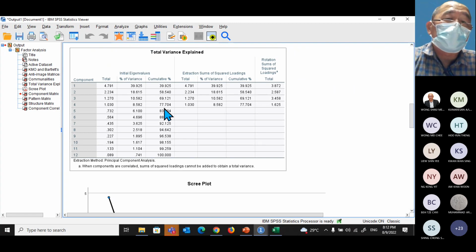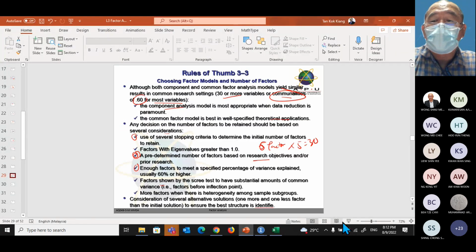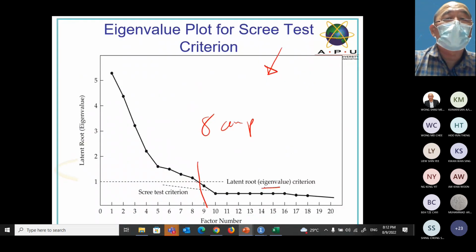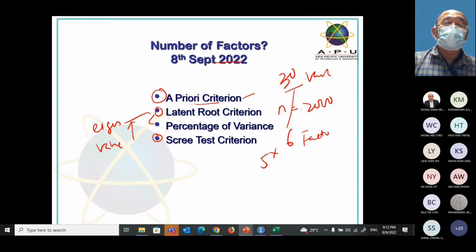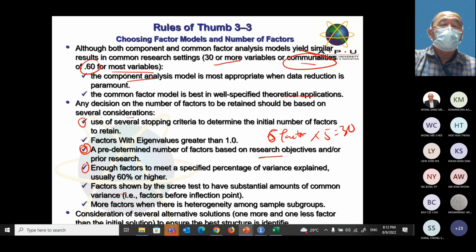This is considered quite good because the guidelines say minimum 60%. Can you see 60%? Actually also discussed a bit just now. Percentage of variance. So 77% is considered very good.